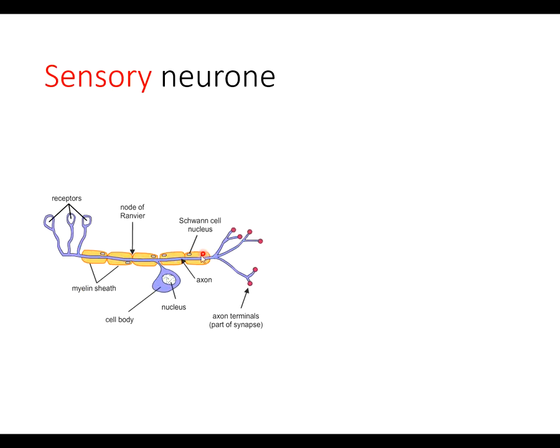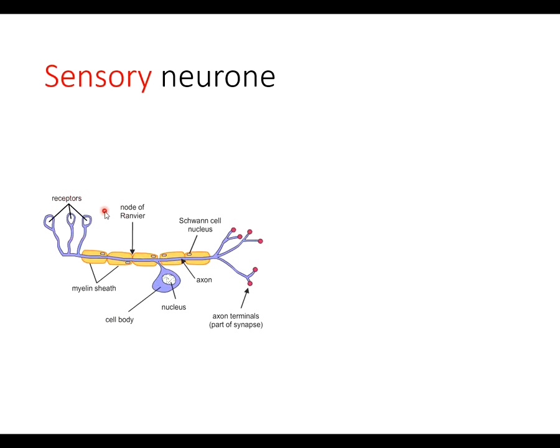Now, this is obviously a very shortened version. They are actually incredibly long. But this part here, the cell body, the part that contains the nucleus, sits sticking up from one side of the neuron. The neurons have an incredibly long part called an axon, and they at one end have receptors.